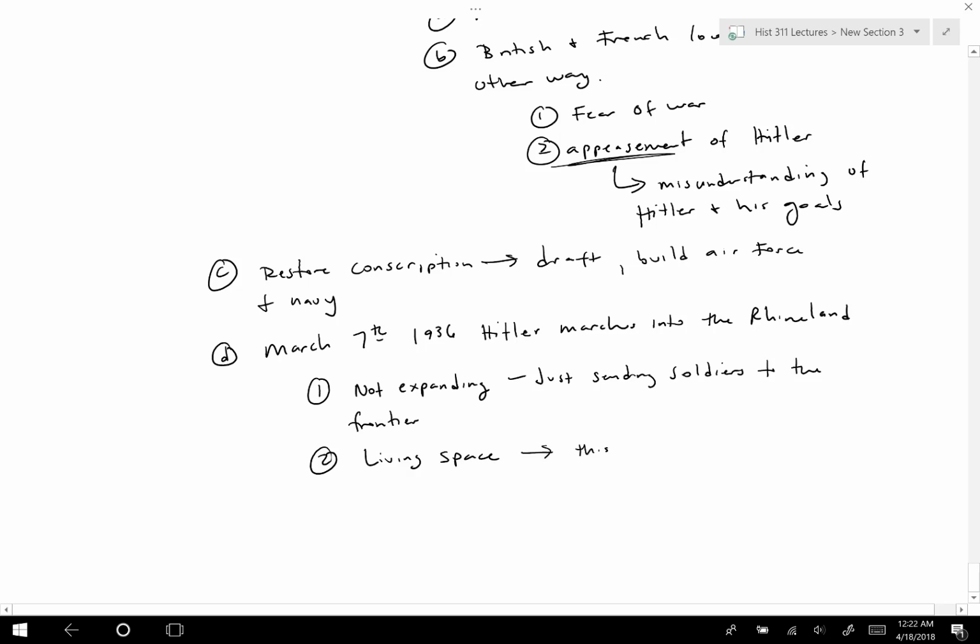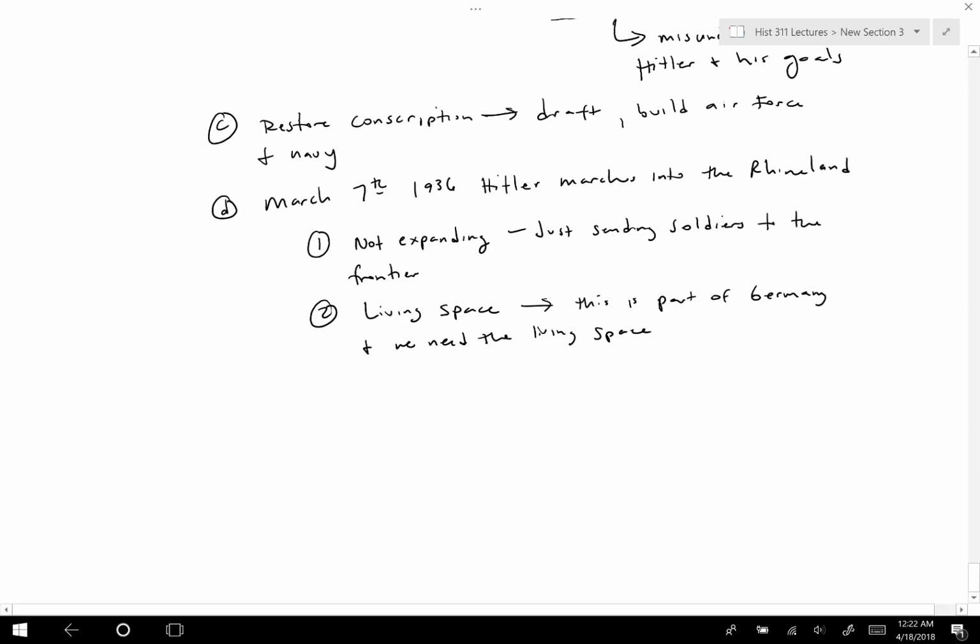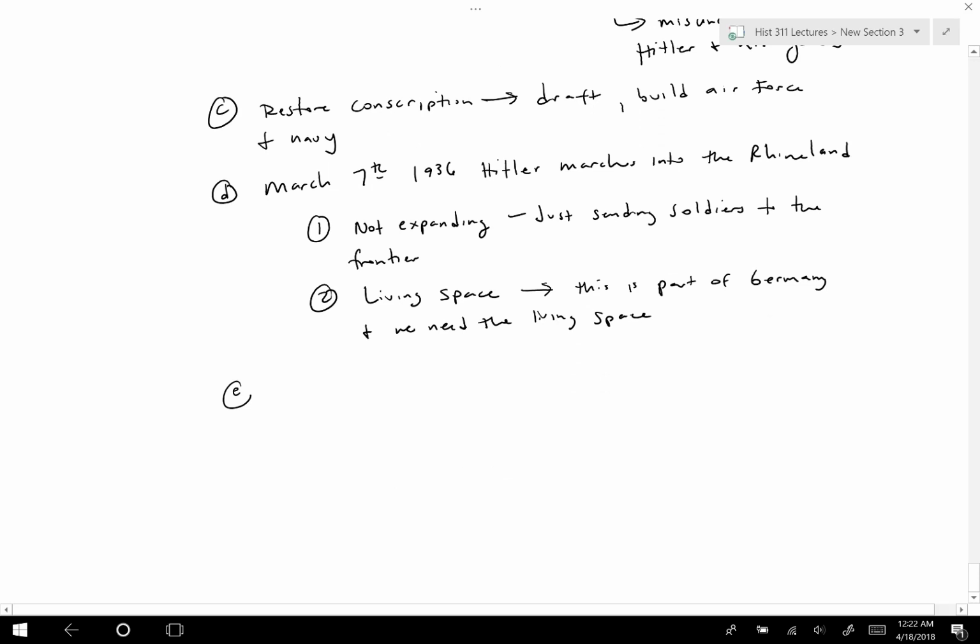This is part of Germany, and we need the living space. The idea was, we're not conquering. This is how Hitler portrayed it. This was our territory. German citizens live here. We just need our space back again, and we're just moving them to the frontier. The French and British didn't like it, but they weren't willing to go to war over it, and convinced themselves still that he wasn't going to go too far.